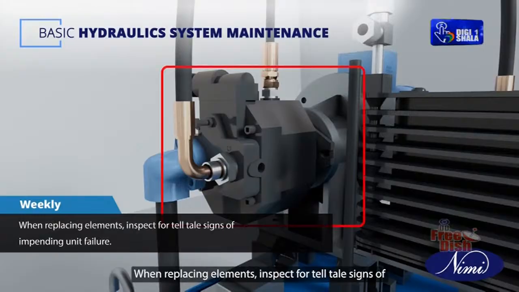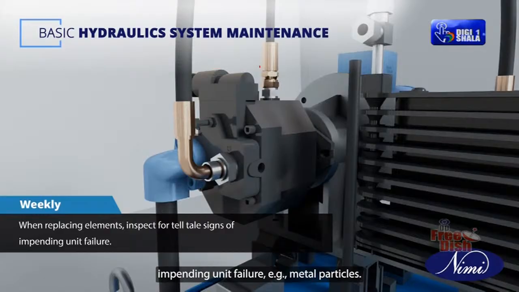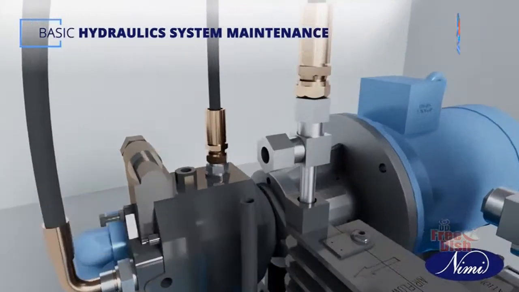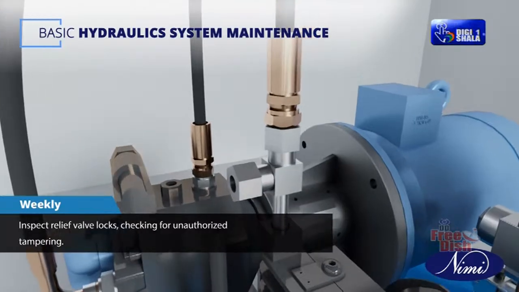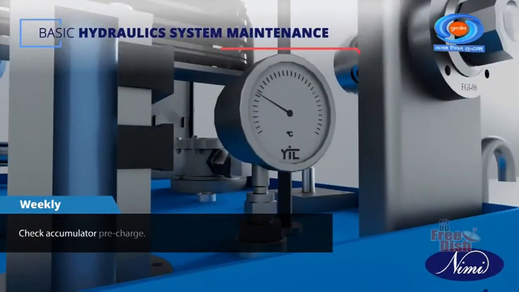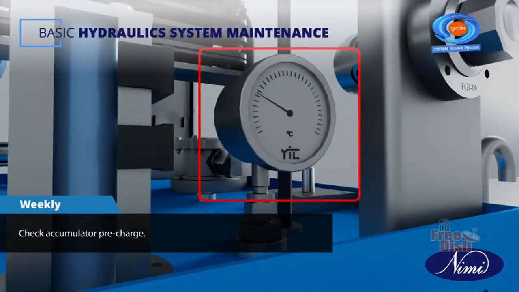When replacing elements, inspect for telltale signs of impending unit failure, for example, metal particles. Inspect relief valve locks, checking for unauthorized tampering. Check accumulator pre-charge where fitted.